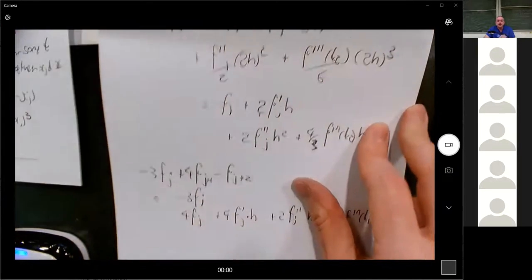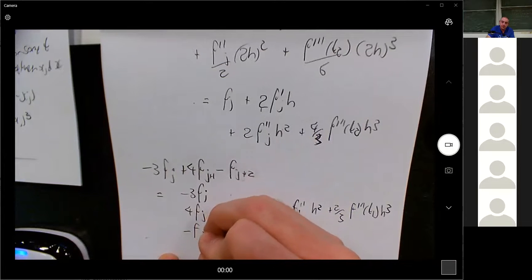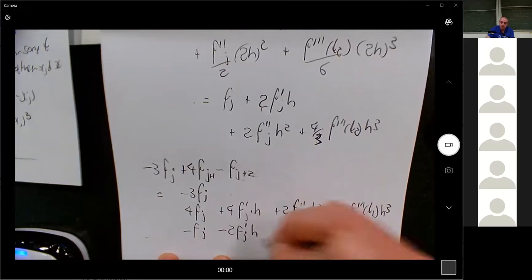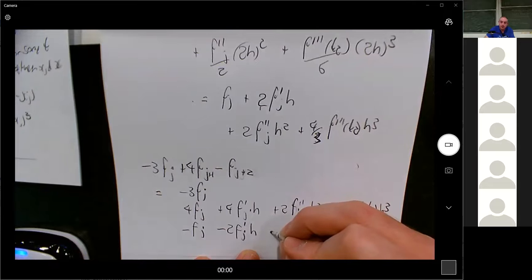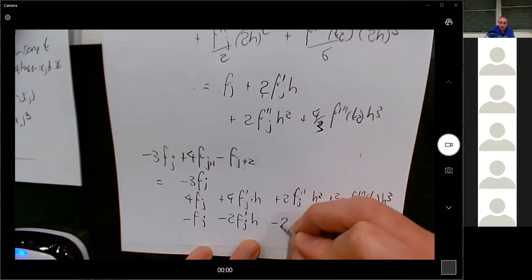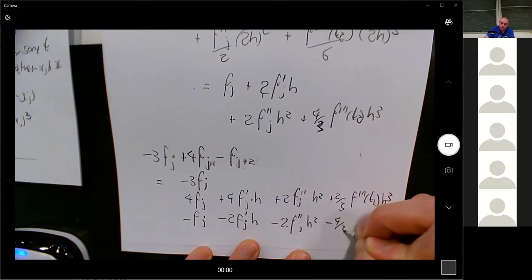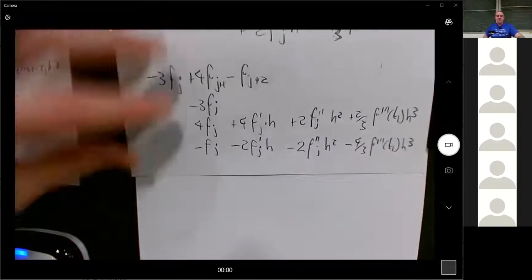And then I'm going to minus this thing, which I just made. When I do that, it works out to this.